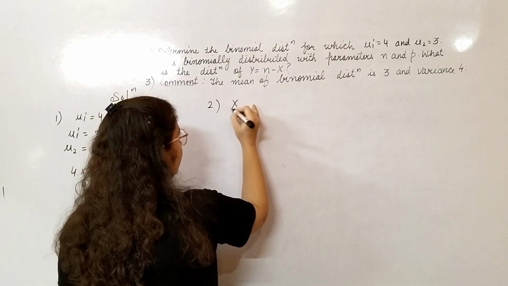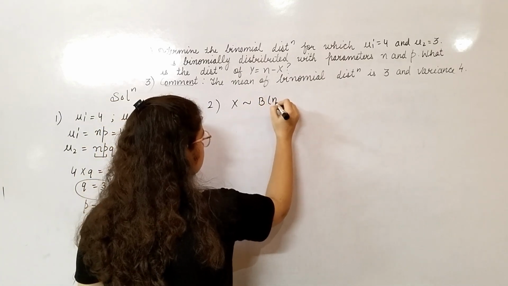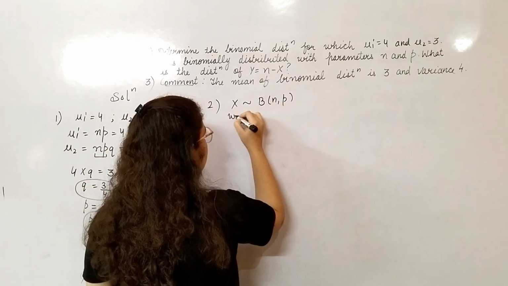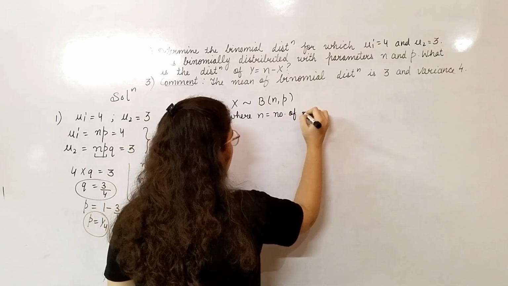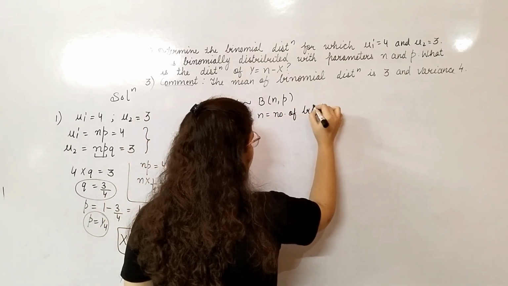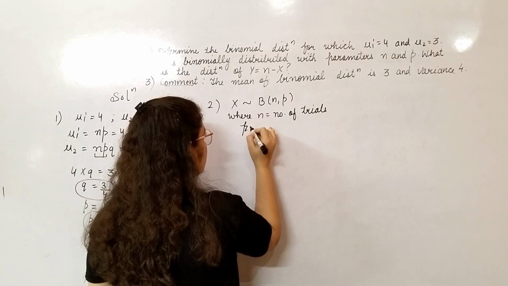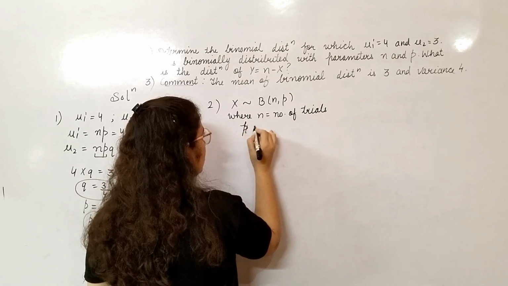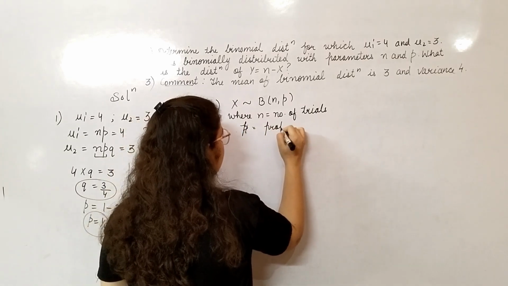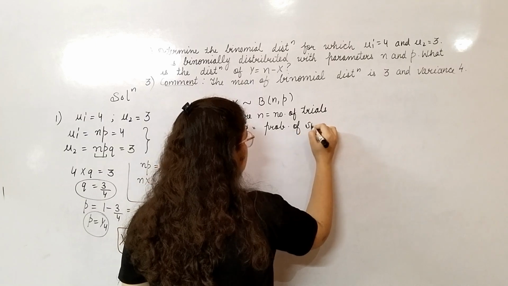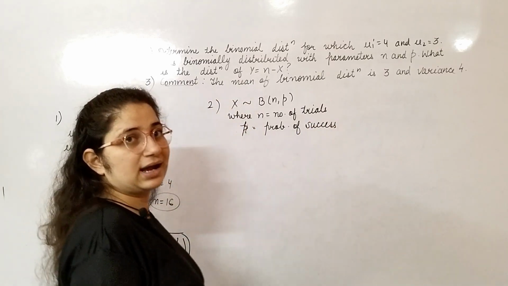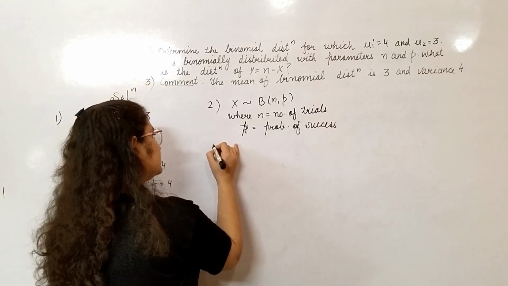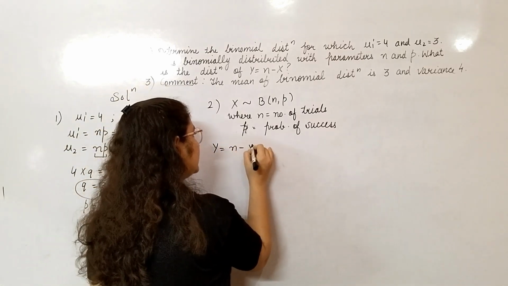So I will write x as this, where n is the number of trials, how many trials you have taken, and p is the probability of success. This is your binomial distribution. If the total trials are n, then y is equal to n minus x.